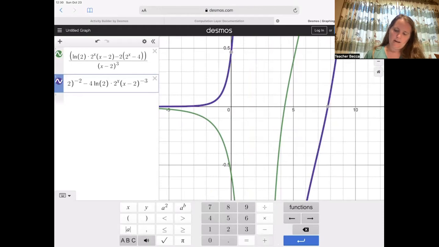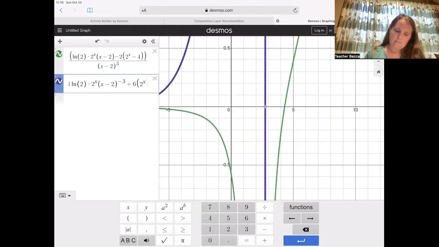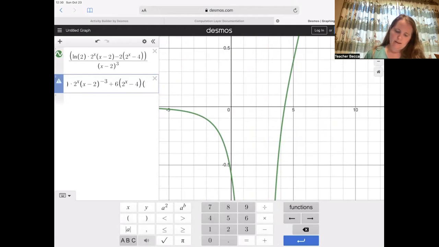And then we were adding on 6 copies of 2 raised to the x minus 4 times (x minus 2) raised to the negative 4.